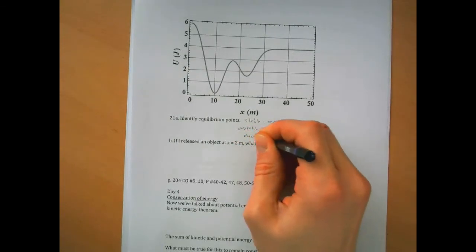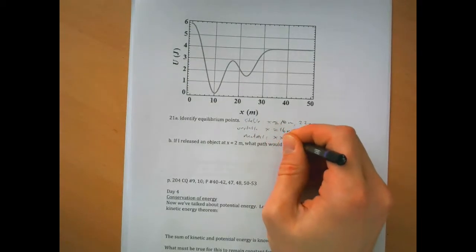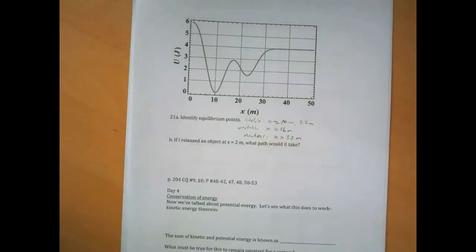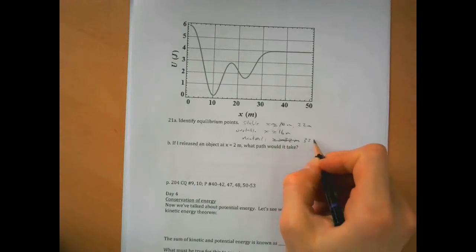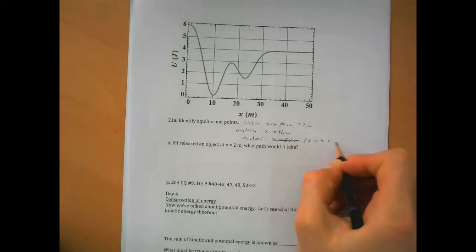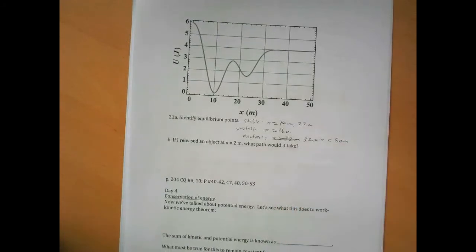Well, actually, I guess I should technically say 32 to 50, because we don't know anything about what happens after the edge of the graph.